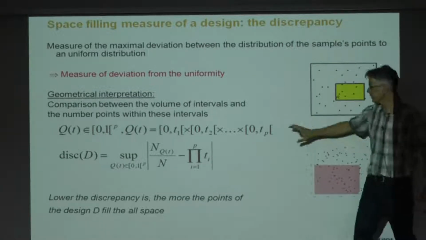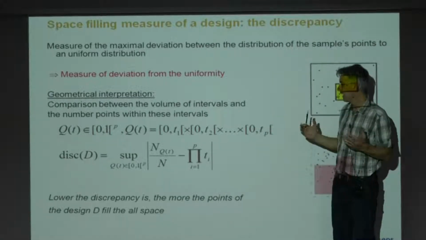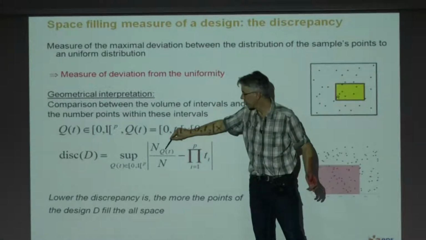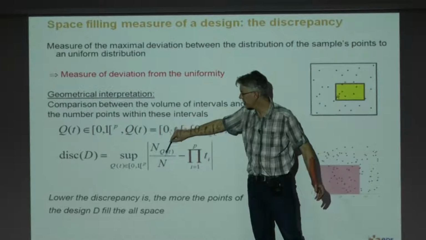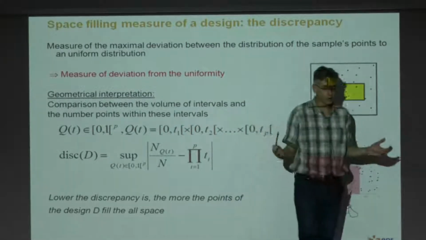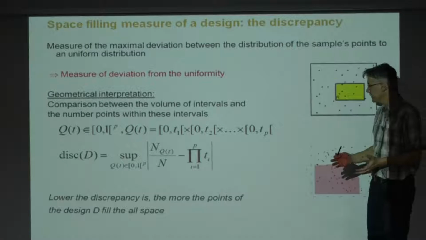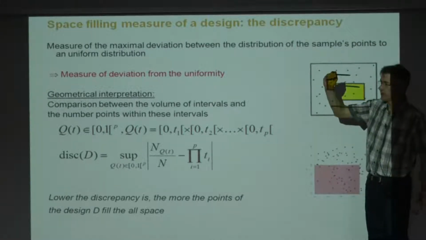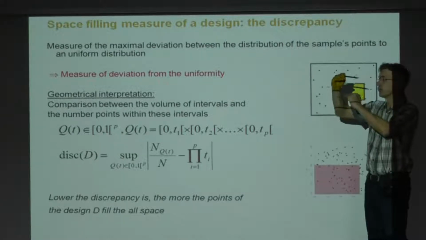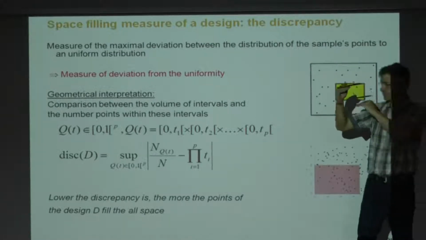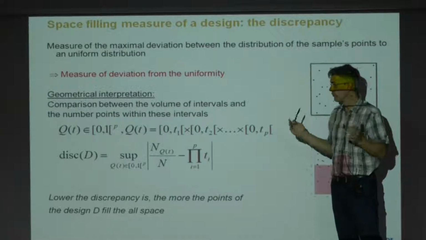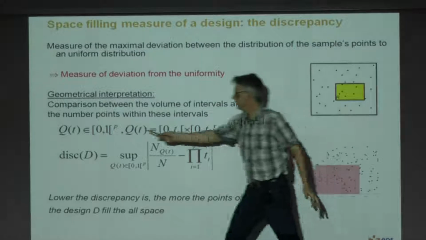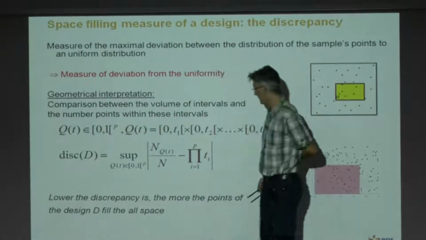I consider this subinterval, and now I consider the number of points in the subinterval divided by the total number of points, and I compare this to the ratio between the volume of the subinterval and the total volume. The total volume is 1, the volume of my input space, because I take a space between 0 and 1.